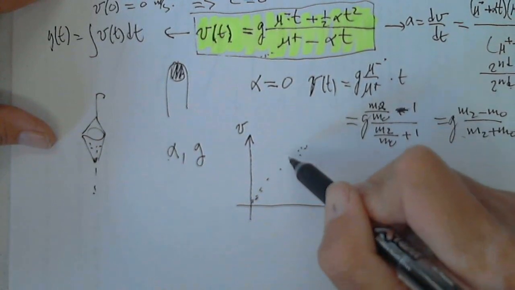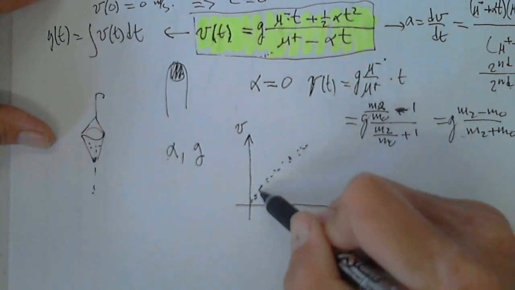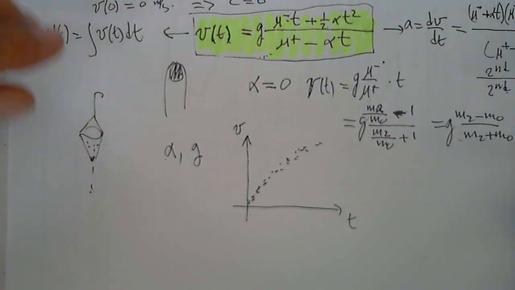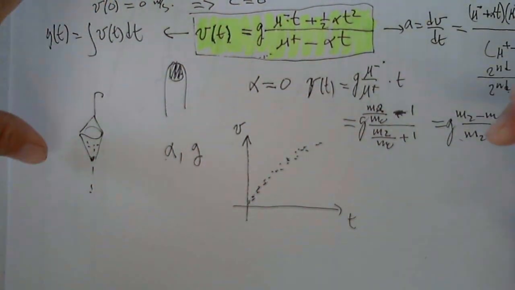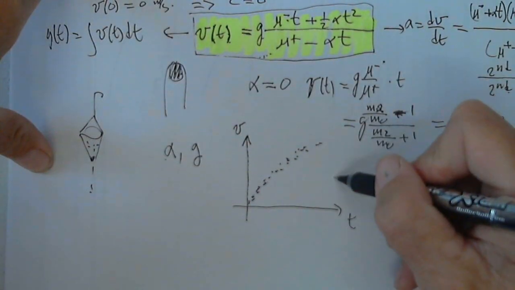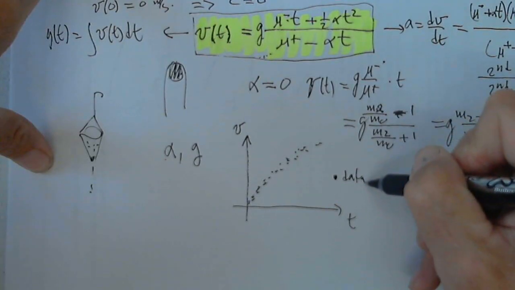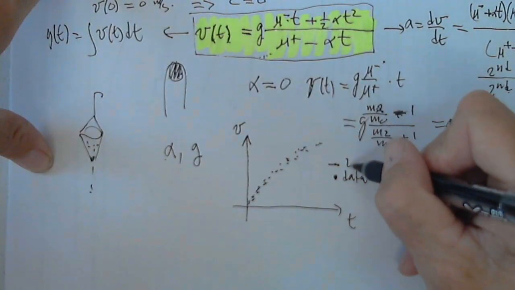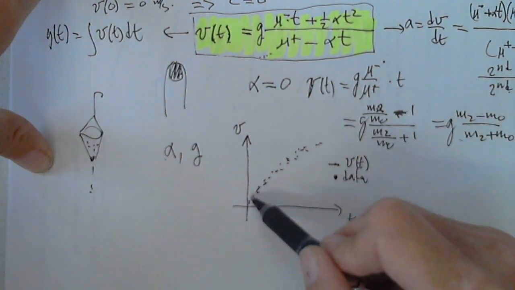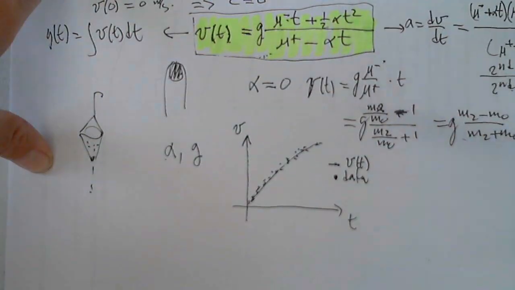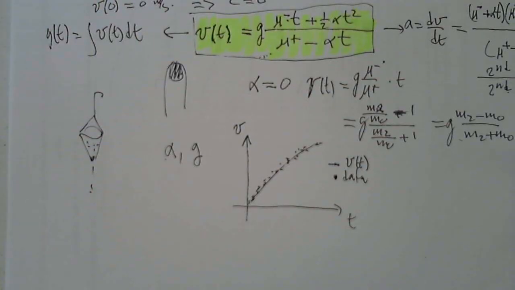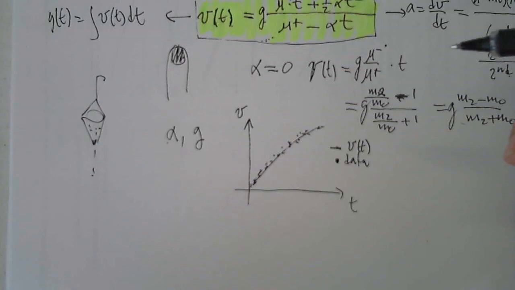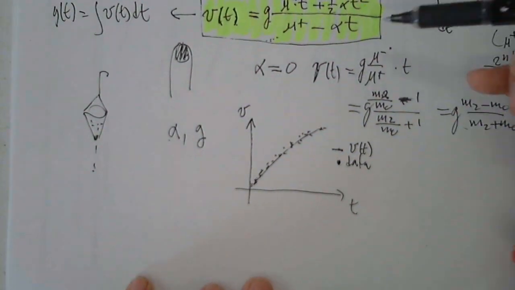It's supposed to be something quasi-linear, because this is t squared over t, and I will plot the data points, and then I will fit my function and see if this equation matches the data. In that way I will validate that this is correct.